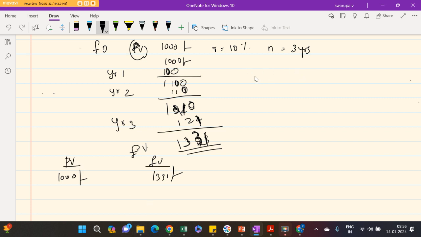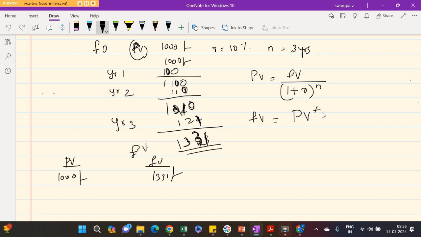There is a formula to calculate this. Present value is future value; we are discounting it. So we divide it by 1 plus your rate of interest raised to the number of years. And for future value, we will be compounding the present value.